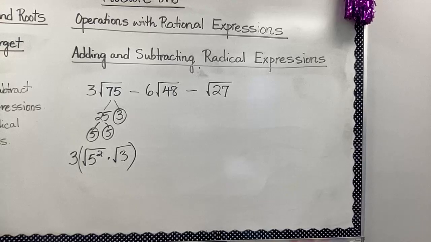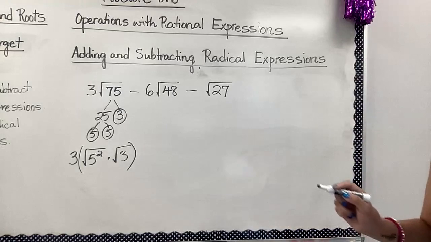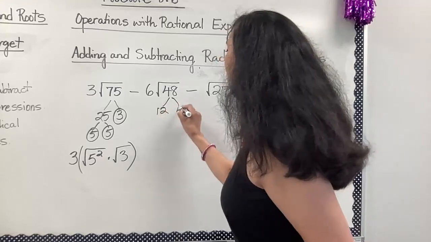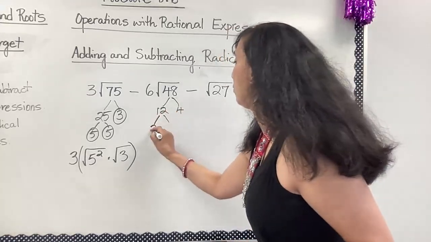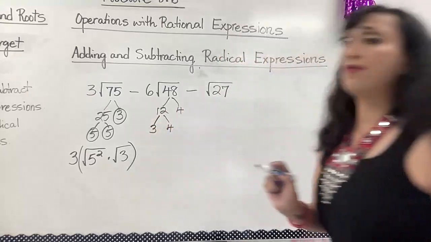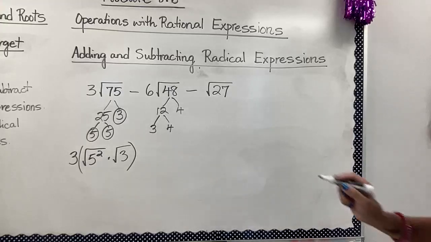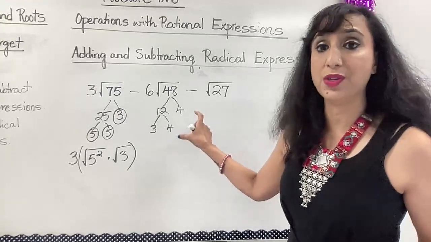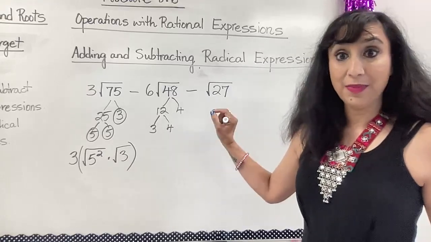Right? And then let's see, if I do 48, I know that 12 times 4 gives me 48. And 3 times 4 gives me 12. So since I am talking about perfect squares, I'm not going to prime factorize anymore. I'm just looking at the two numbers because 4 squared is going to give me 16, right?